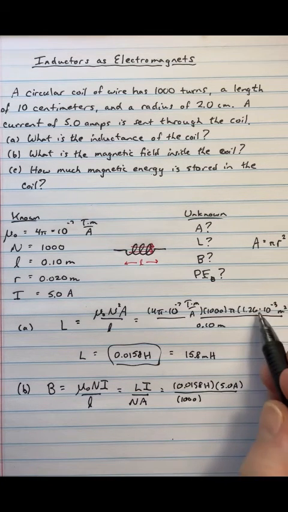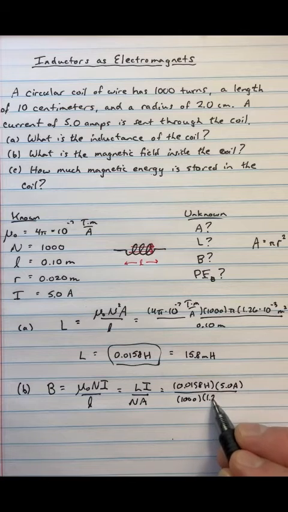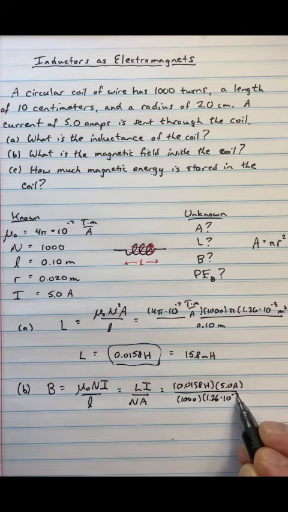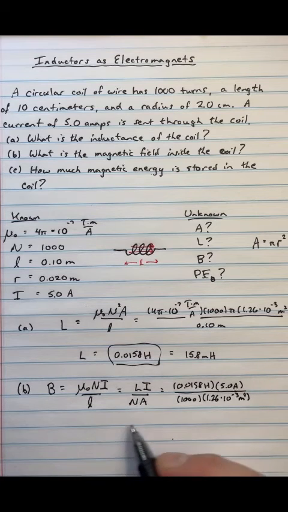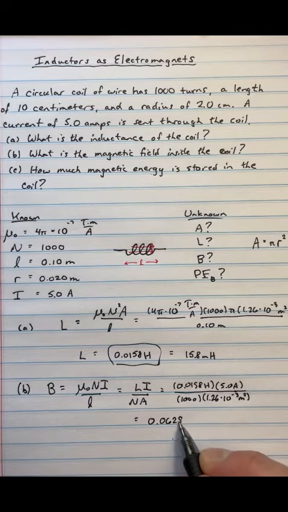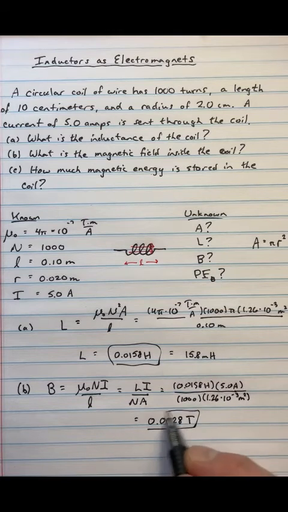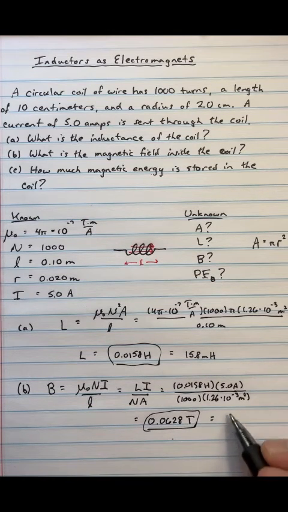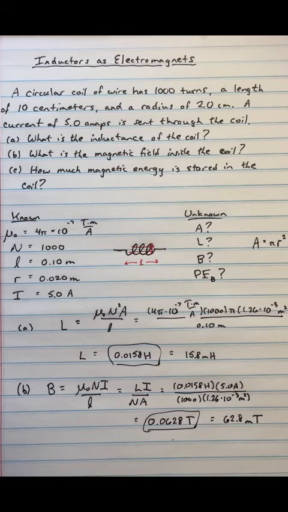Our area we calculated before, or I argued for before, and I let you calculate, to be quite honest. It looks like that. And when this is calculated, we get 0.0628 teslas. And again, if you would prefer to put it into, say, milliteslas, that would not be unreasonable. You can sketch it like that.